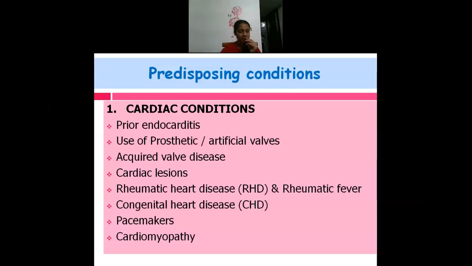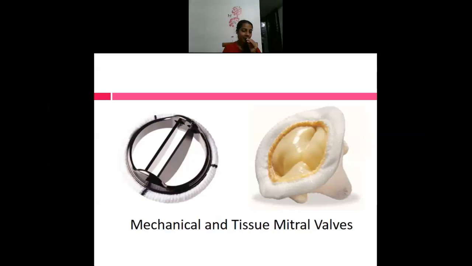Or if a person is using a pacemaker, these patients are also at risk. Or if there is a problem with the heart muscle, decreased functioning of the heart muscle, that is cardiomyopathy, those patients are also at risk of developing endocarditis.